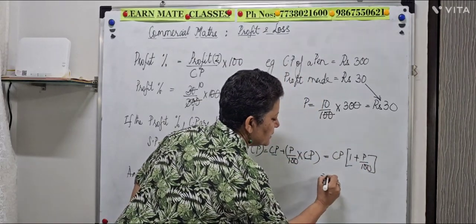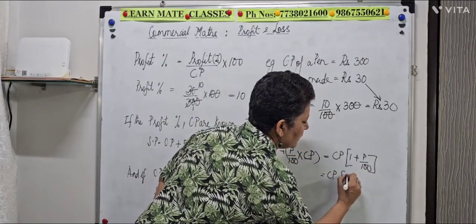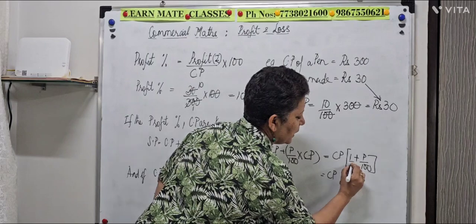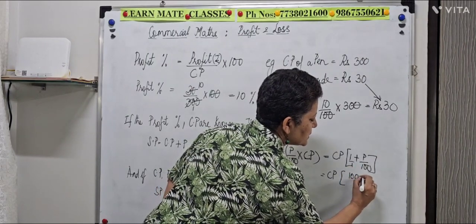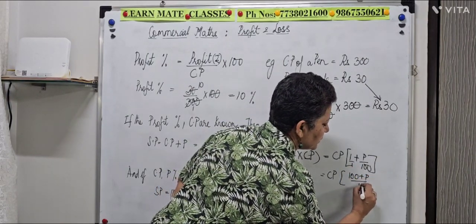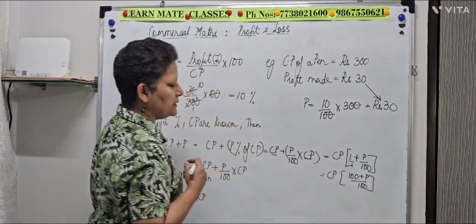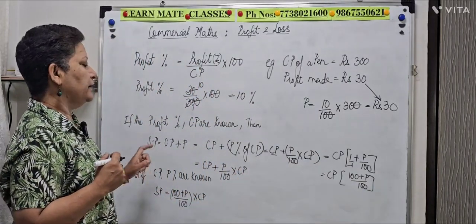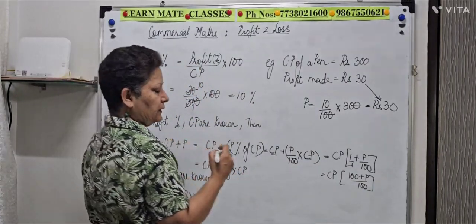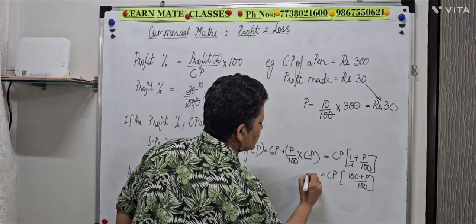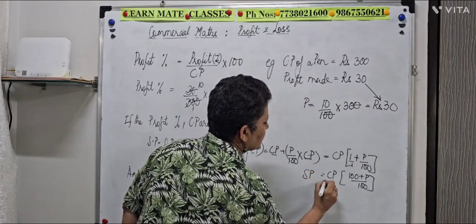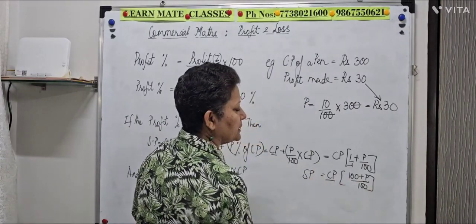Rewrite this: 1 will actually become 1 upon 1. So this is CP into 100 plus P upon 100. This is your formula when you are trying to calculate the selling price when the cost price and the profit percentage are known.